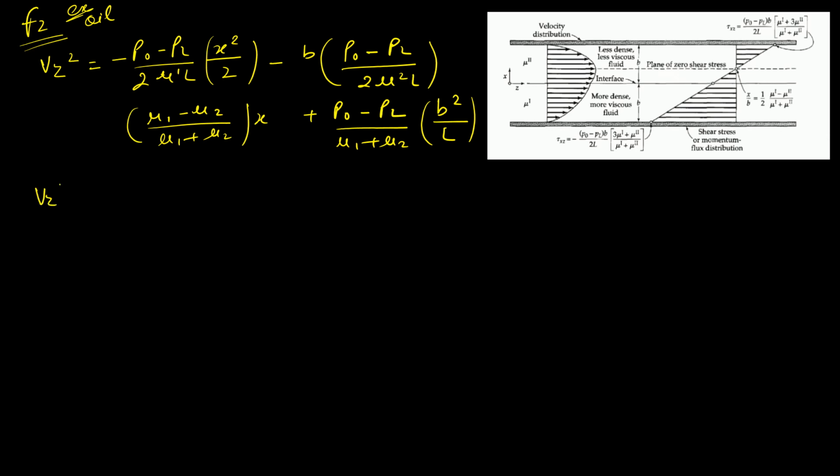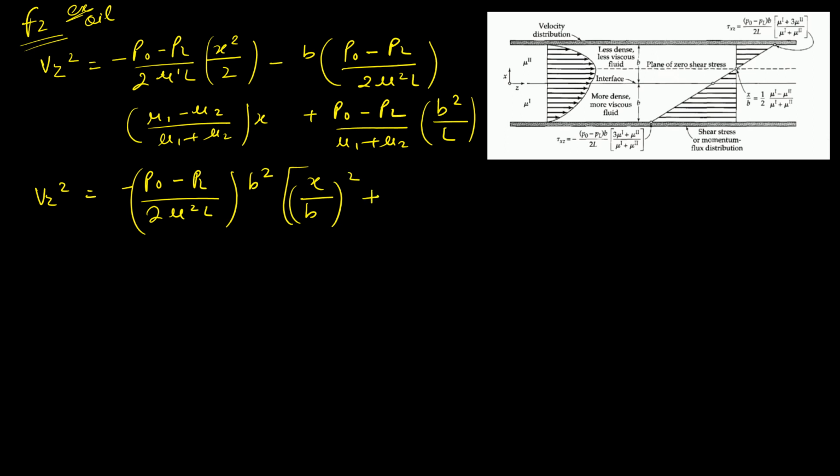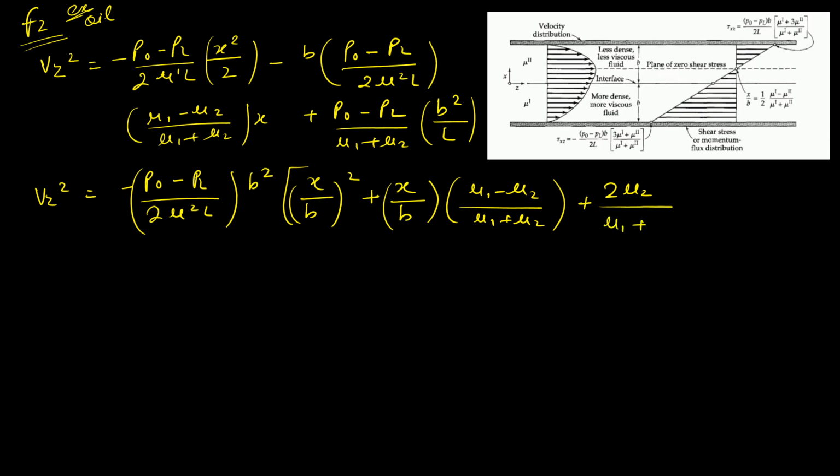Now Vz2 becomes minus (P naught minus PL) upon 2 mu2 L into b square common, then x square upon b square plus x upon b into (mu1 minus mu2) upon (mu1 plus mu2) plus 2 mu2 upon (mu1 plus mu2).